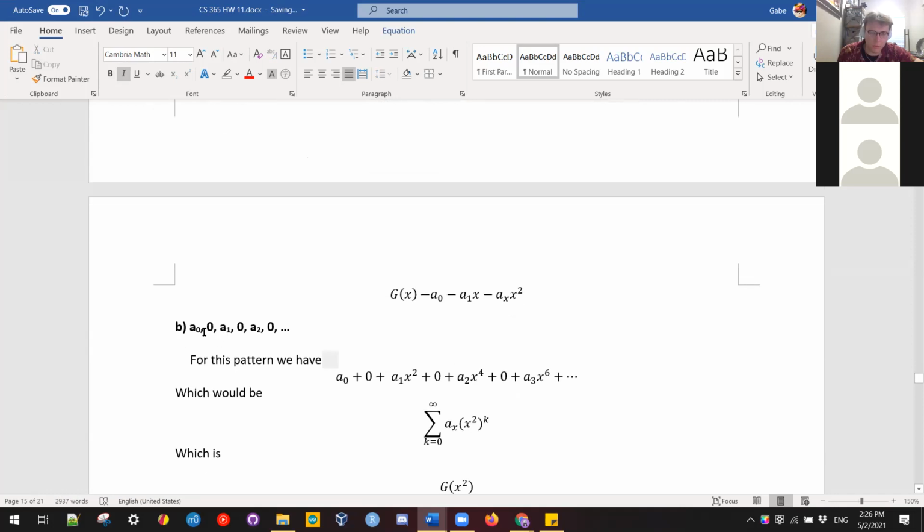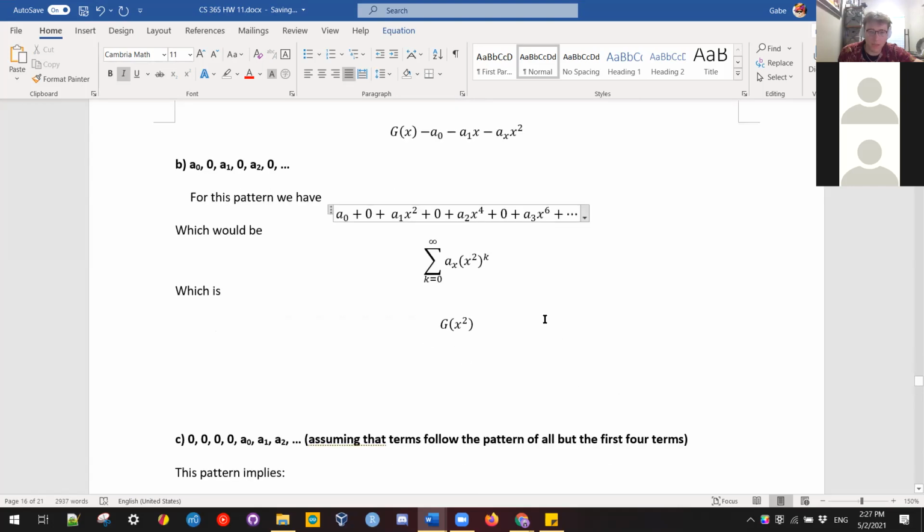And so for this one, for example, this is a0, and then you have a 0, and then your a1. So basically this is the x segment, x squared, x cubed, and then x to the fourth. So you got your 0 here, your a1 x squared plus 0, a2 x fourth, and it keeps going on forever. If you look at that, that would be a to the x, because we're just going 0, 1, 2, 3, whatever.